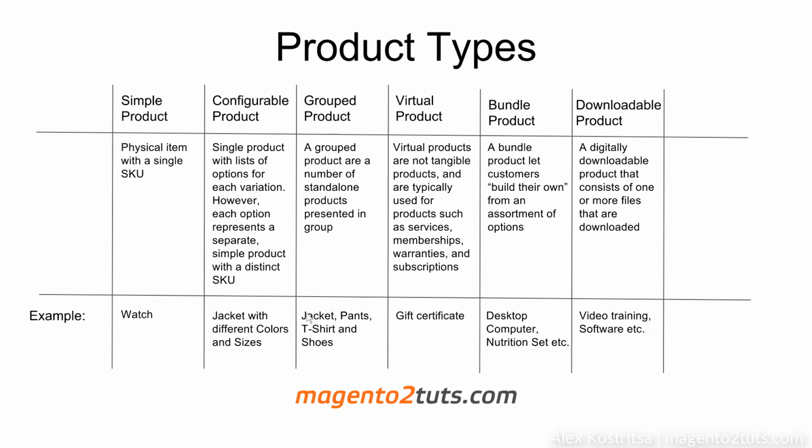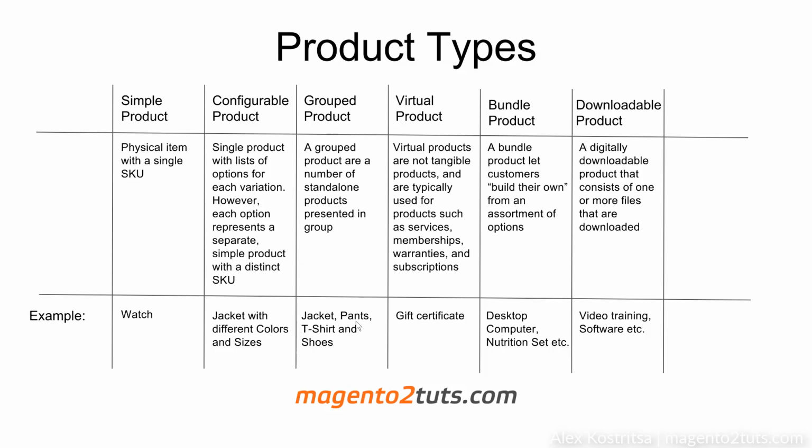So if someone buys all together, it will look really nice, and this actual kit is very suitable. So all standalone products, but if someone actually wears all of them at once, it looks really nice. So we would like to create a grouped product where we would offer these four products: jacket, pants, shirt, and shoes in one single product page. And that's the case when we will use a grouped product.